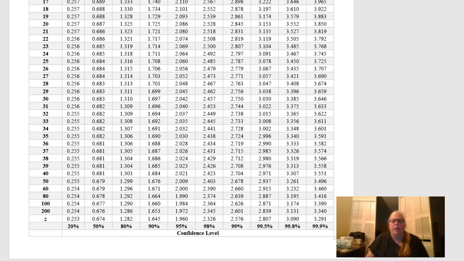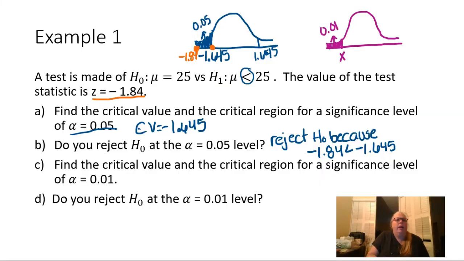That gives me my critical value, 2.326. And remember, we're going to make that into a negative 2.326 because we knew we had a test statistic of negative 1.84.